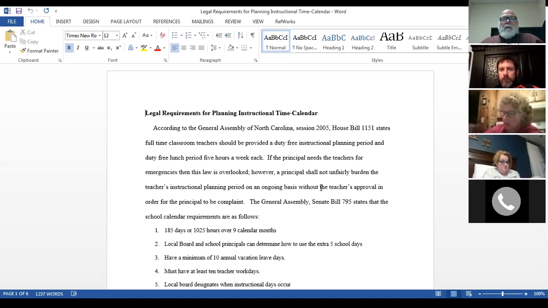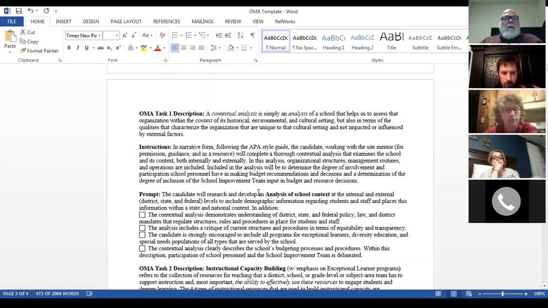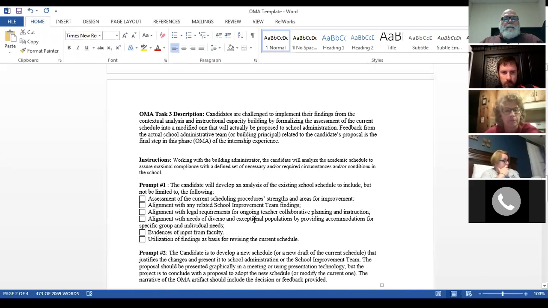And so when we look at the OMA, what it's asking you to do in task 3, candidates are challenged to implement their findings from the contextual assessment, assessing the current schedule, in a manner that will have to be proposed to school administration.